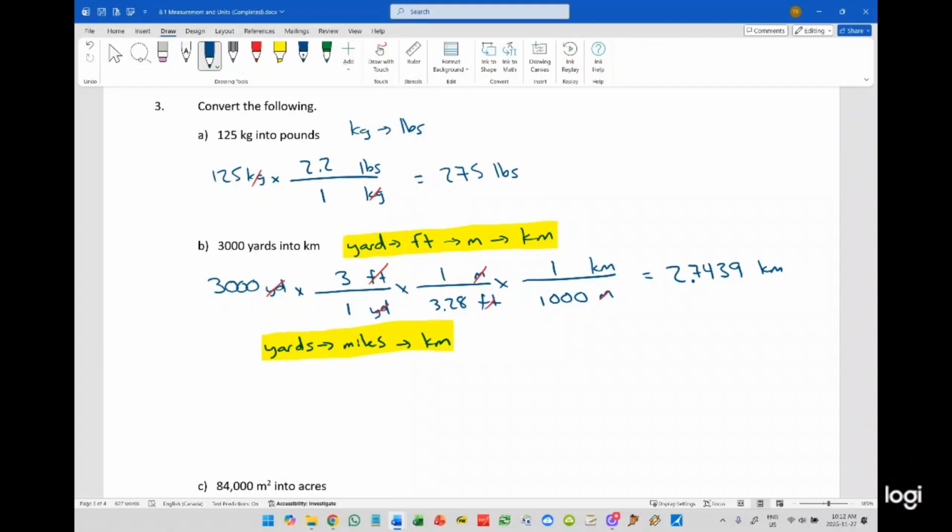Okay, so we set this one up the same way, and we should get the same answer. You'll notice again, I put those extra decimal places up there. This one only gets 2 fractions. So here we go, on the top, yards, miles, kilometers, and on the bottom, yards and miles. By the way, I write out the word miles because I don't want to confuse it with meters.